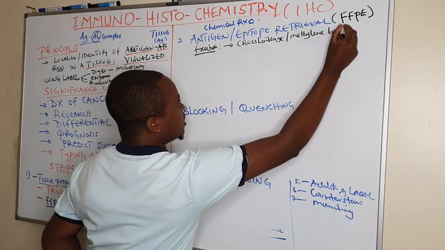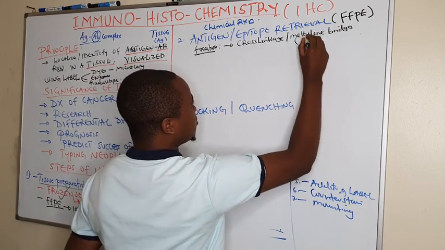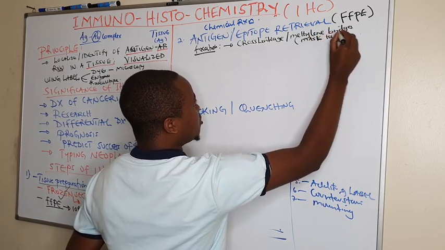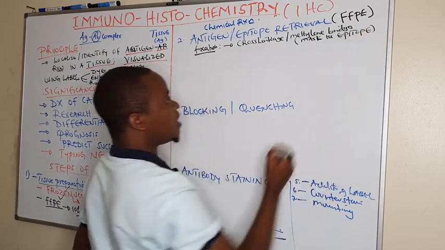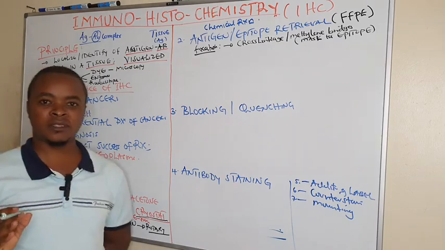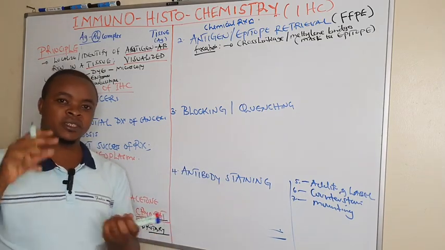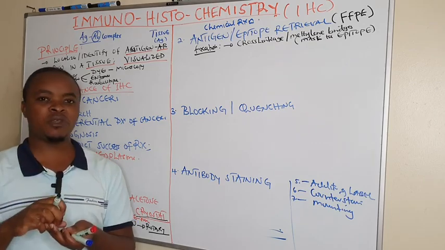These cross linkages and methylene bridges mask or cover the epitopes of the antigen, so that during antibody staining, the antibodies cannot localize or recognize the epitopes.